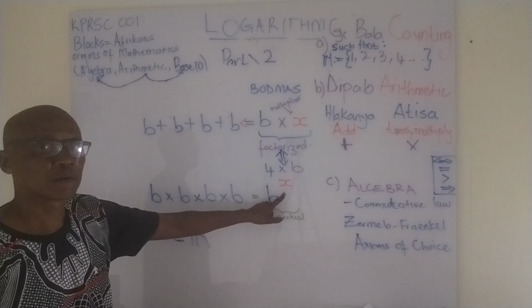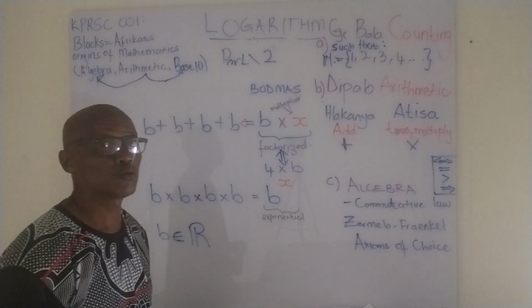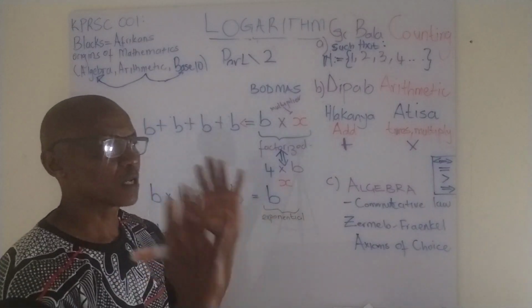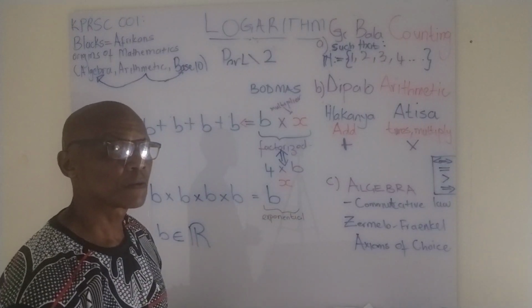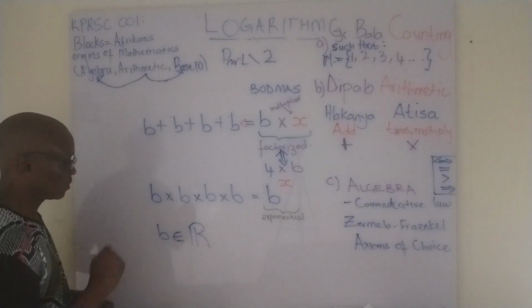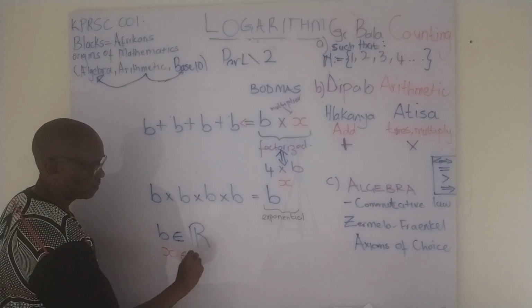The same thing here. You are the one who's supposed to choose it. You must come up with a number called X. You choose a number. And you can also say X is an element of the real numbers.